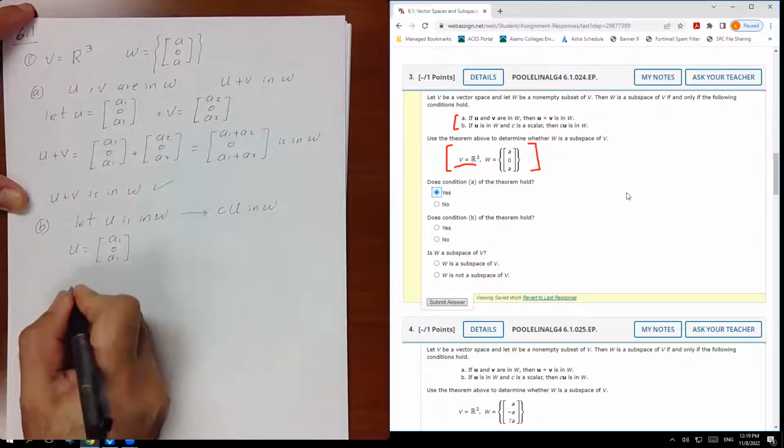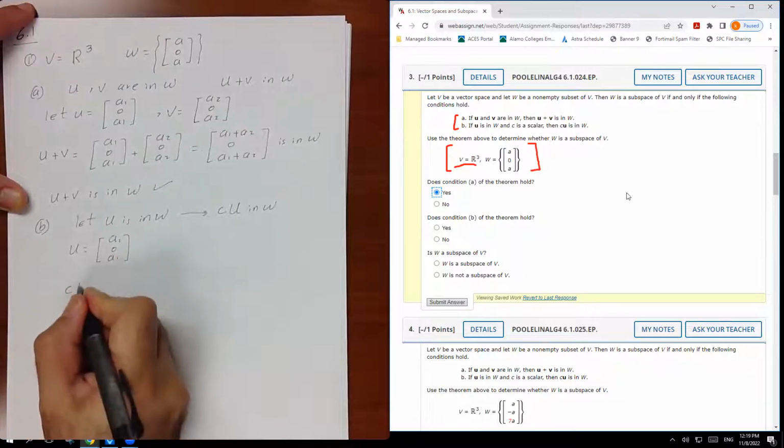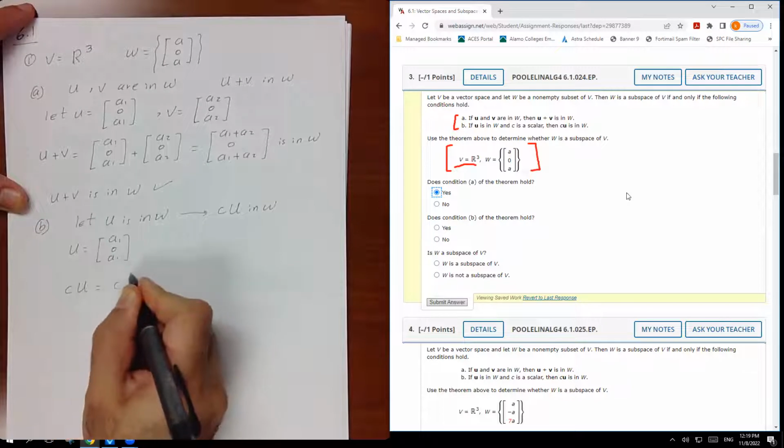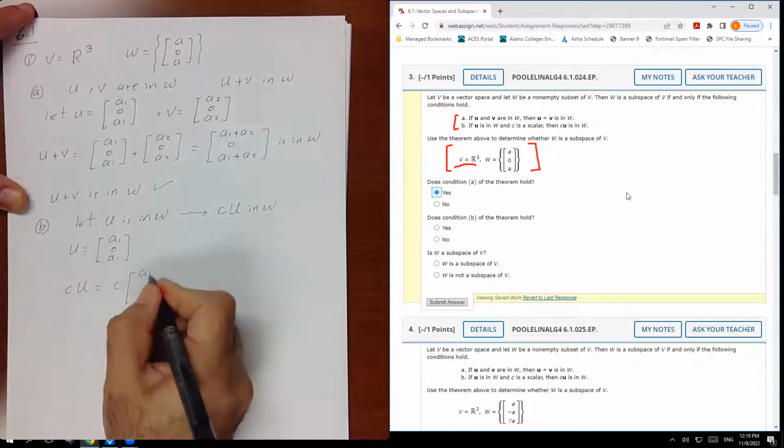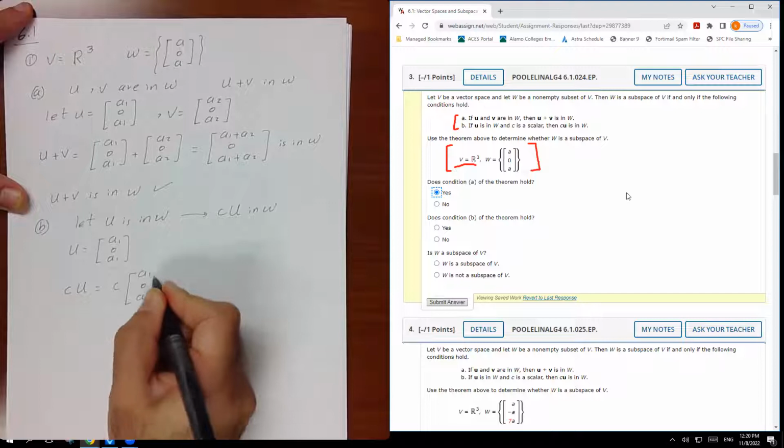If I set C as a scalar, C times U is going to be C times A1, 0, and A1.